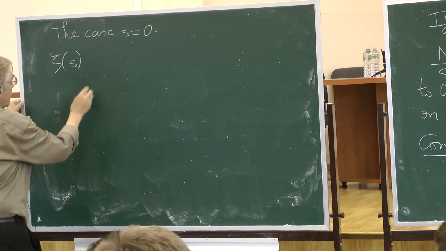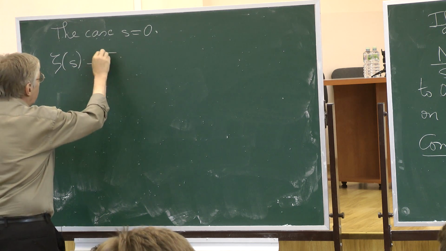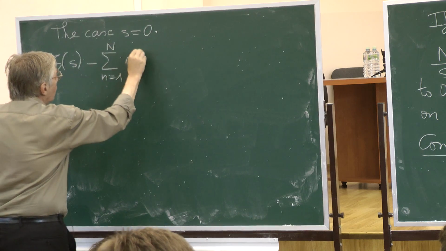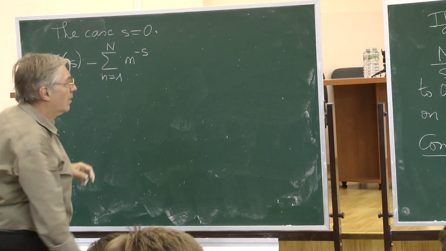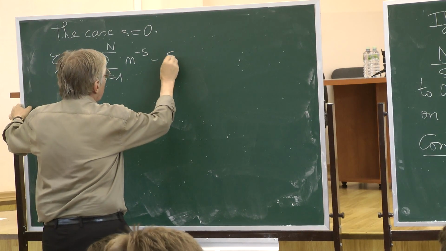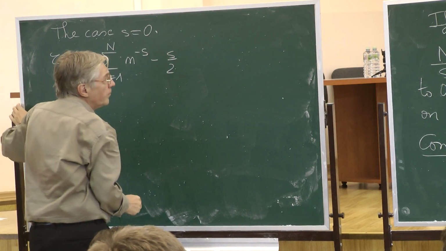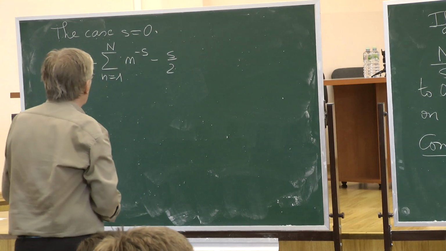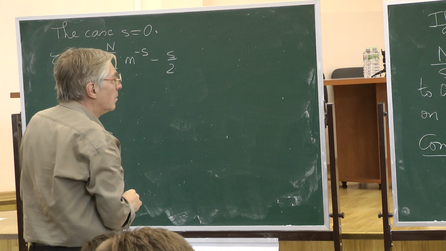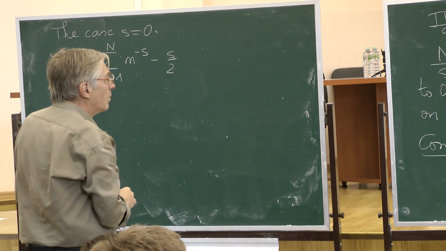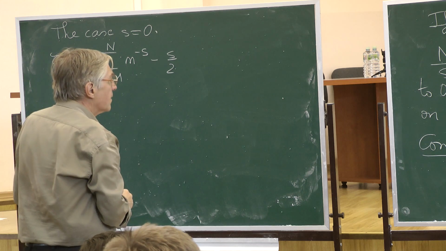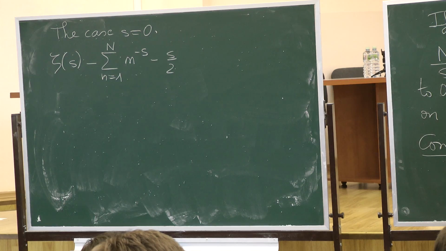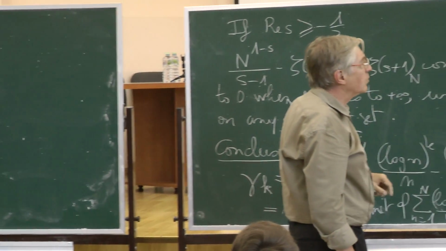The zeta of S index n is zeta of S minus the sum for n going from 1 to capital N of n to the minus S, minus S over 2, let me see. Yes, and in fact, the zeta of S plus 1 index n, I will not keep it because I do not want to keep the zeta of S plus 1.